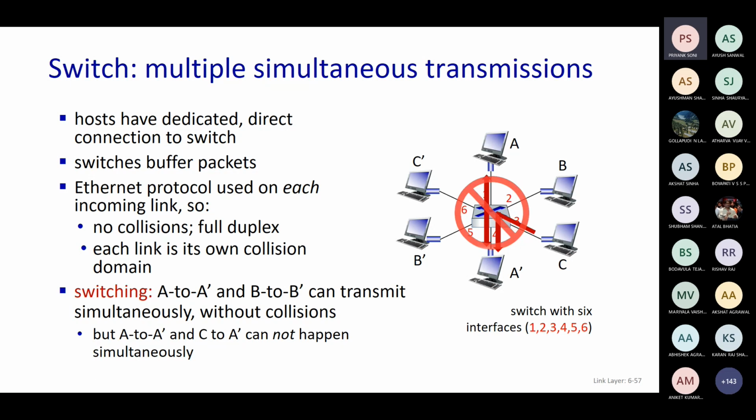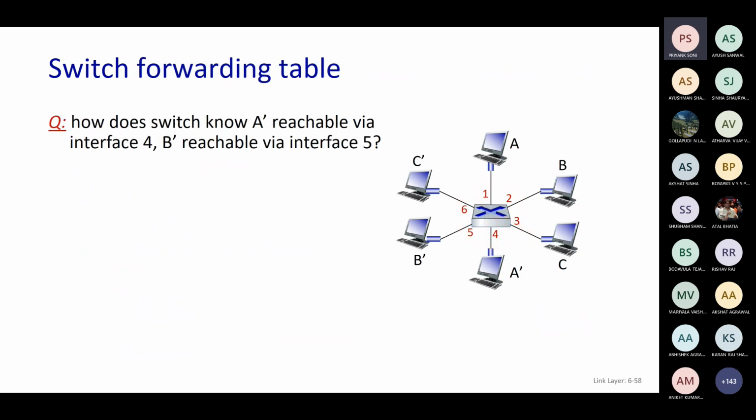In that case, of course, collision will happen. It cannot happen simultaneously. So that is the scenario. If you have different sources and destinations, you can have simultaneous communication. Now, next question.